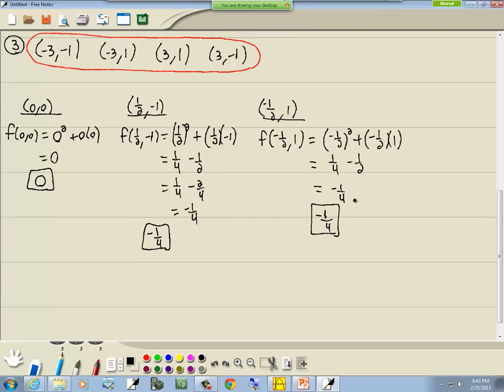Okay, now let's plug in our intersections here. So we've got negative 3 and negative 1. So f of negative 3, negative 1, we're going to have negative 3 squared plus negative 3 times negative 1, which gives us 12.